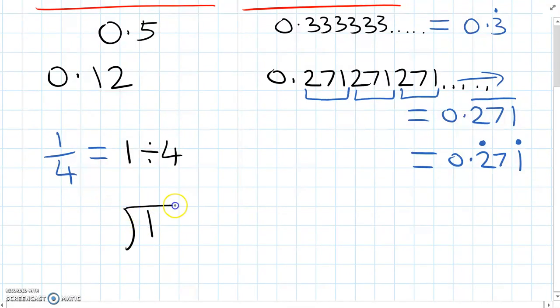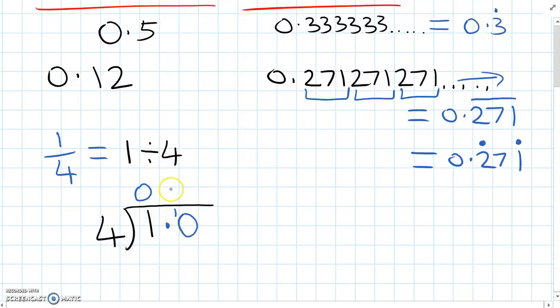So we'll set up our short division, 1 divided by 4. How many times does 4 go into 1? We can't do it, so we need to carry the 1 to the next place value. We had a 0, and we've carried the 1, so now we have a 10.